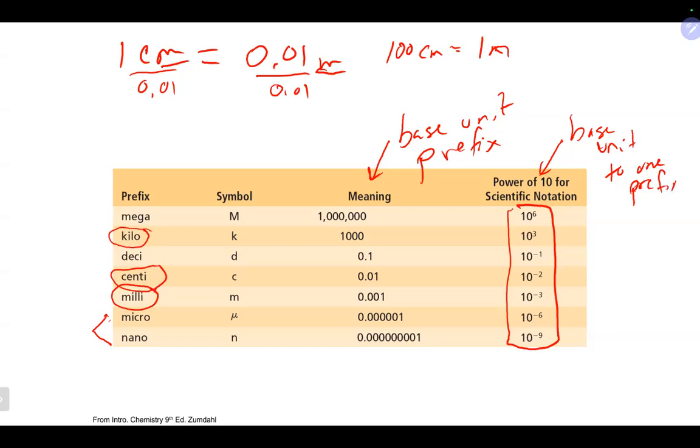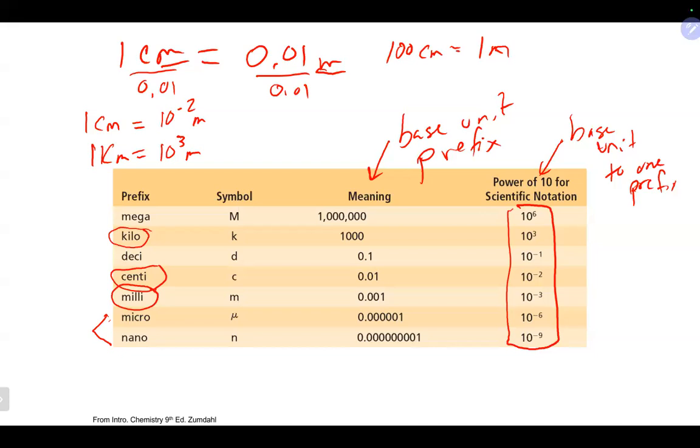So for example, 1 centimeter would equal 10 to the minus 2 meters, just like 1 kilometer would equal 10 to the 3 meters. So it's very common. People always want to write something like 10 to the 3 kilometers is 1 meter. So they always want to go backwards on that.